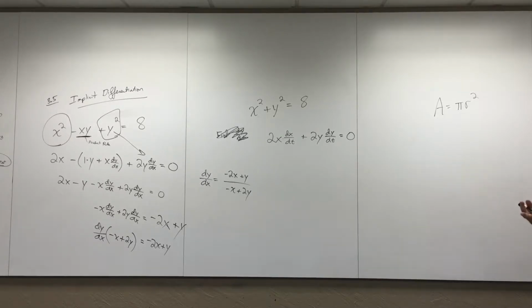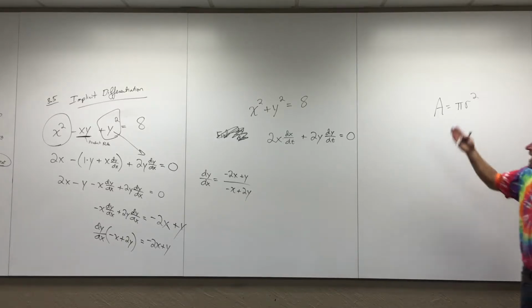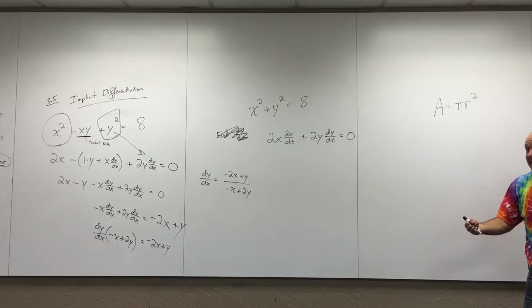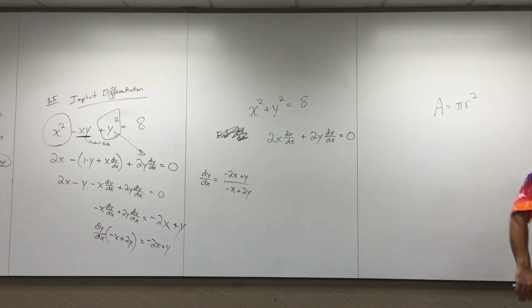I want to do the derivative of this with respect to t. So when you run into the A, how do you do the derivative of an A with respect to t? dA/dt, is that what you said? Right. Good. How do you do the derivative of a y with respect to x? You do dy/dx. How do you do the derivative of an A with respect to t? dA/dt.